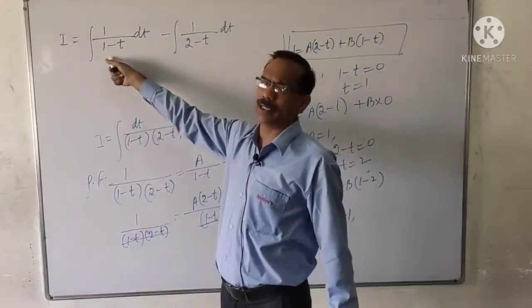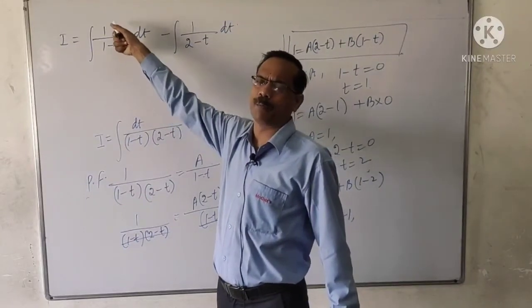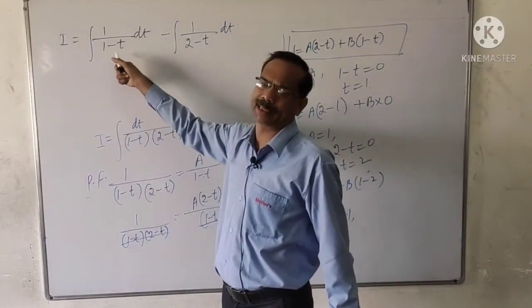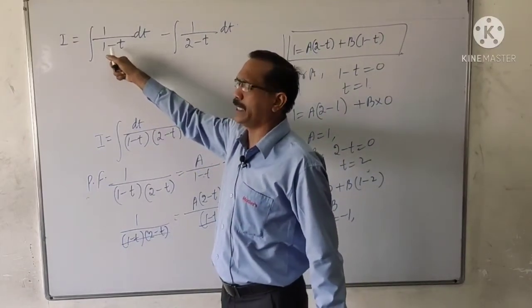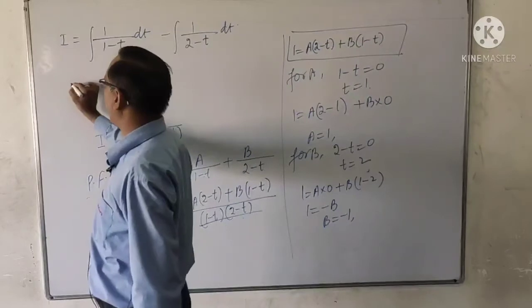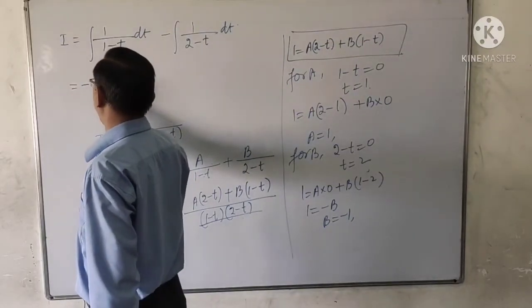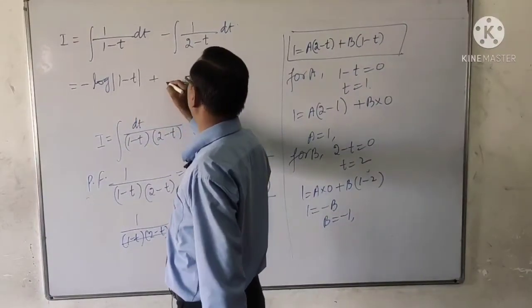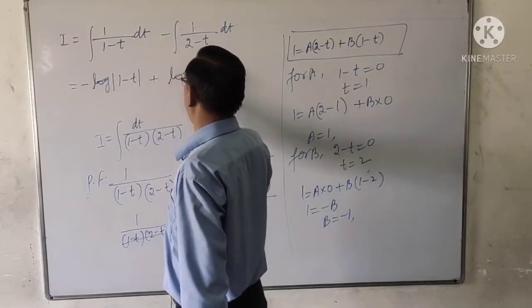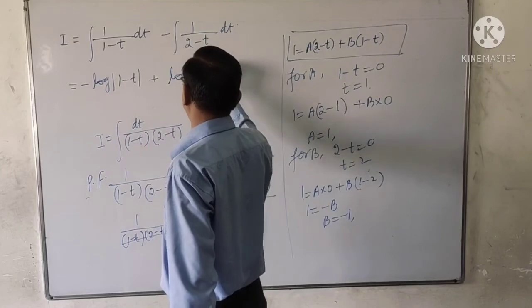Students, there is an integration of the form 1 upon x. So its integration is log x. Here the coefficient of t is minus 1, so we will write minus 1 also, minus log mod (1 minus t). Minus minus plus, same here, it is log mod (2 minus t) plus C.